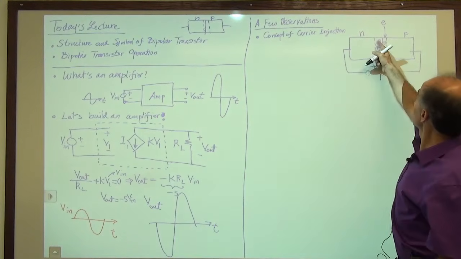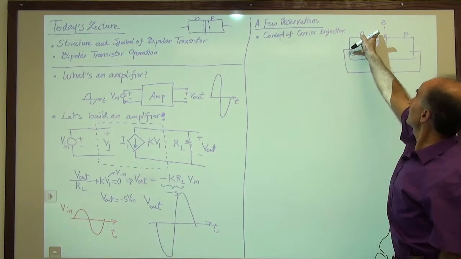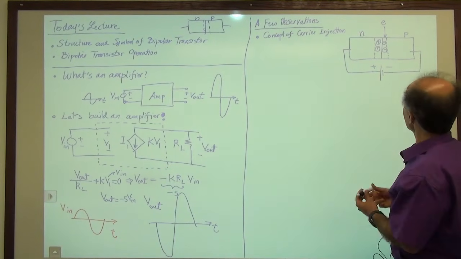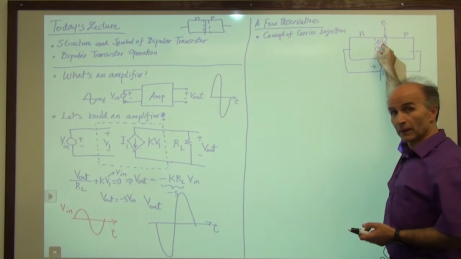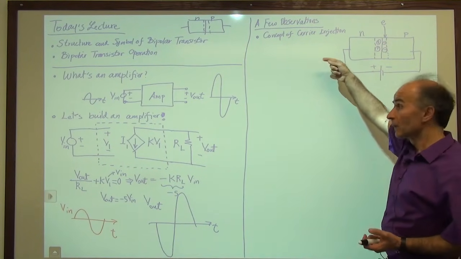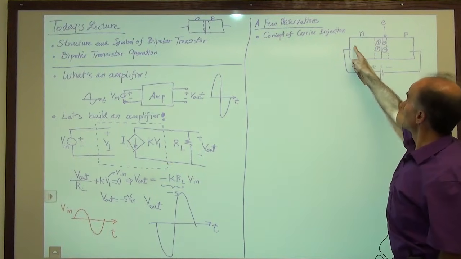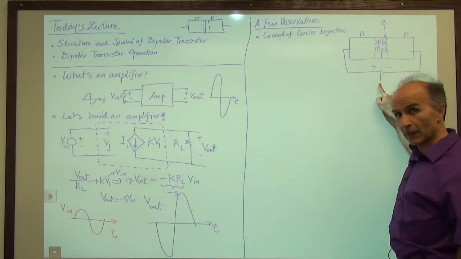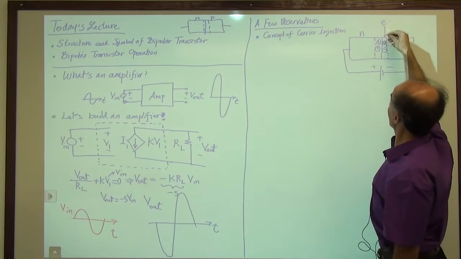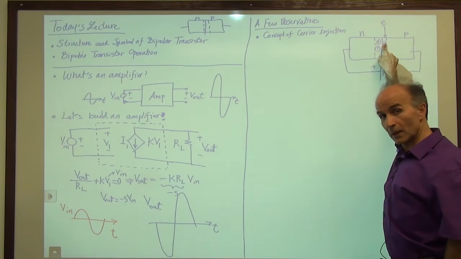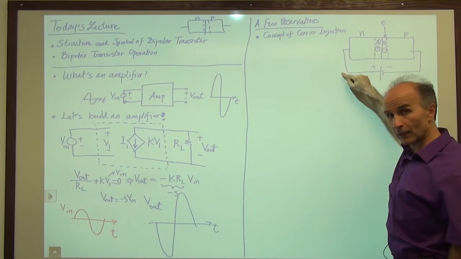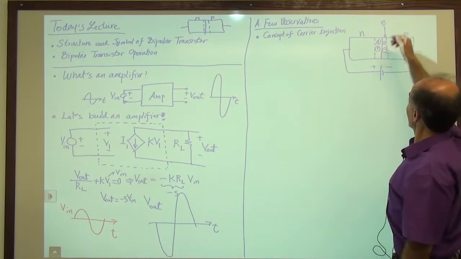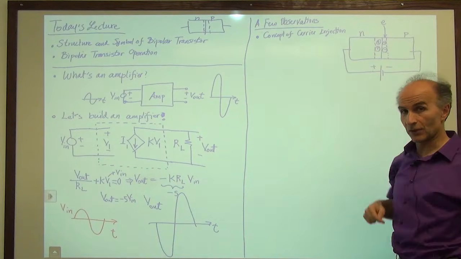The electric field in this region is pointing this way, from left to right, from positive to negative. So once an electron appears inside that electric field, the electric field pushes it this way. So the electron comes out here and is absorbed, goes through the N section, and is absorbed by the battery. So if we keep injecting electrons into this region, they keep flowing through the N side and go to the battery. We have a continuous current flowing at all time as long as we have electrons supplied into that region.